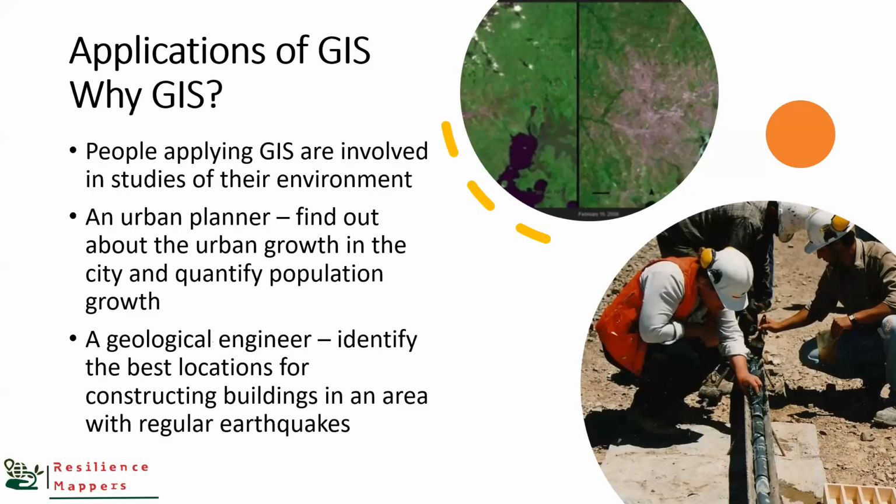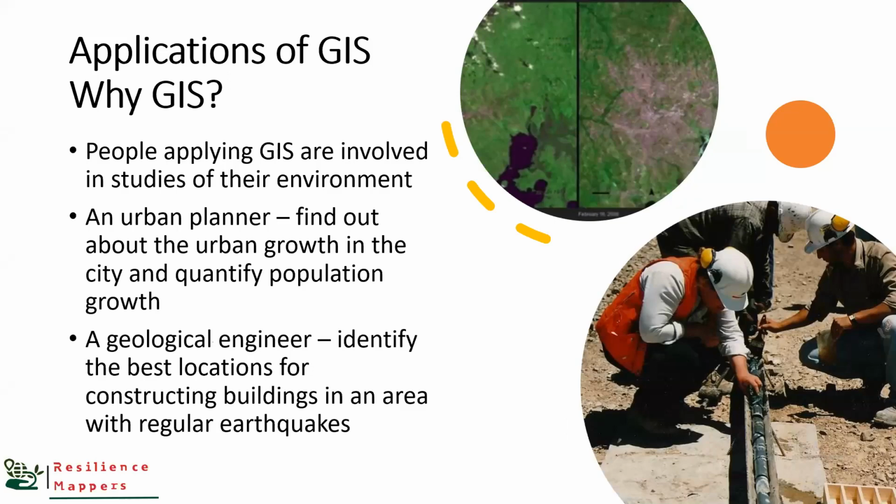Apart from an urban planner, we also have geological engineers. For example, in countries that are frequently affected by earthquakes, geological engineers can use their knowledge of earthquakes and different other parameters to find the safest places to construct buildings that are free from earthquakes, or if not free, that have the least impact of earthquakes.